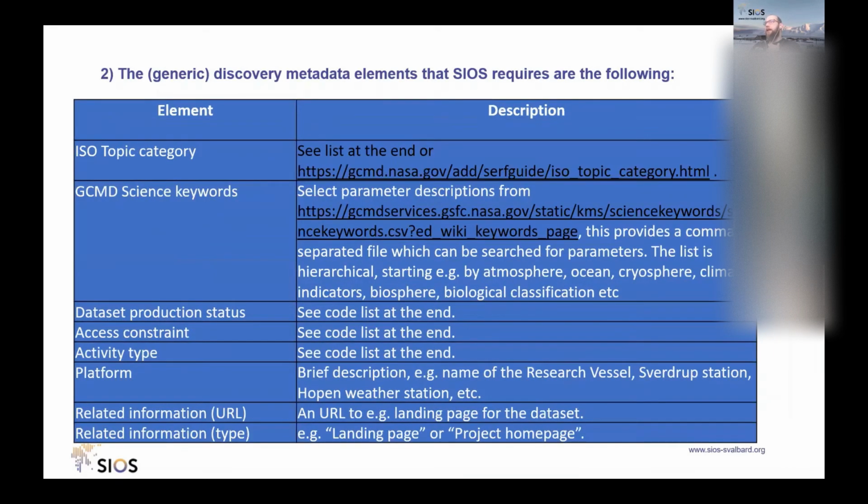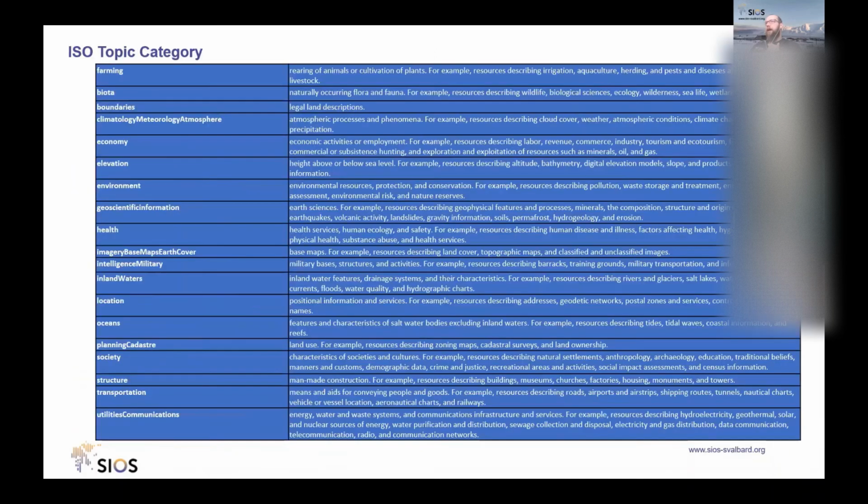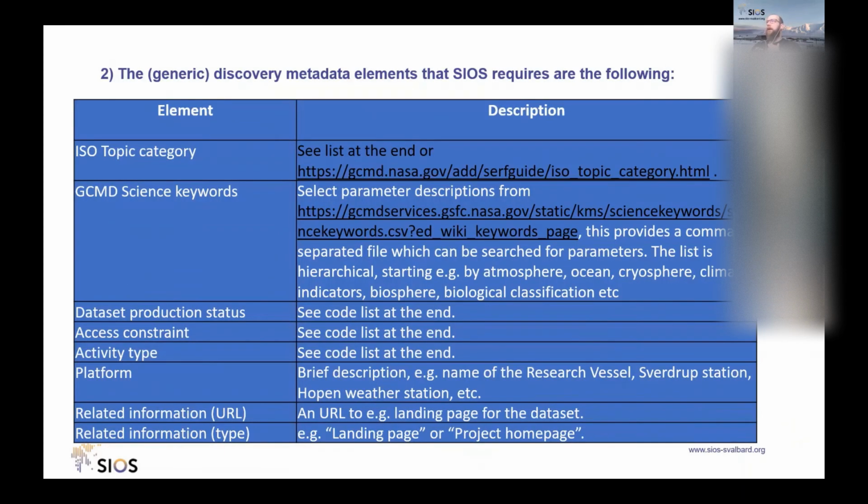On the second part of the metadata description, we have the ISO topic category. They are standardized and available online, so it's quite easy to choose them. I know that it will be hard for you to see them, but it will be accessible for you when I make this PDF available, and they are quite easy to find on the internet.